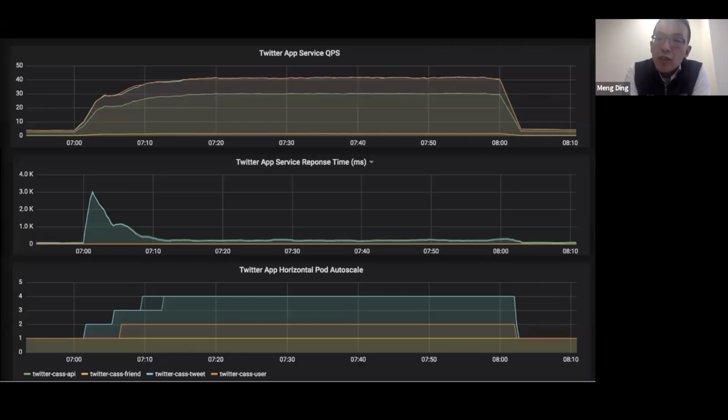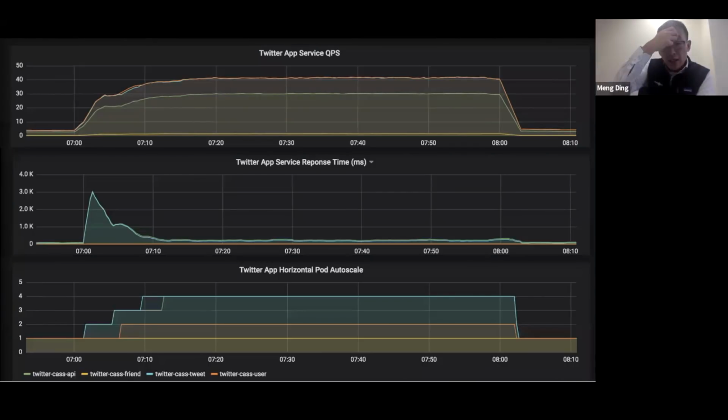It takes about 10 minutes for the whole thing to stabilize and for the response time to go down to an acceptable level, which is around 200 to 300 milliseconds. And we can see that with the effect of HPA based on CPU utilization, the number of tweet and API pods stabilizes at 4.